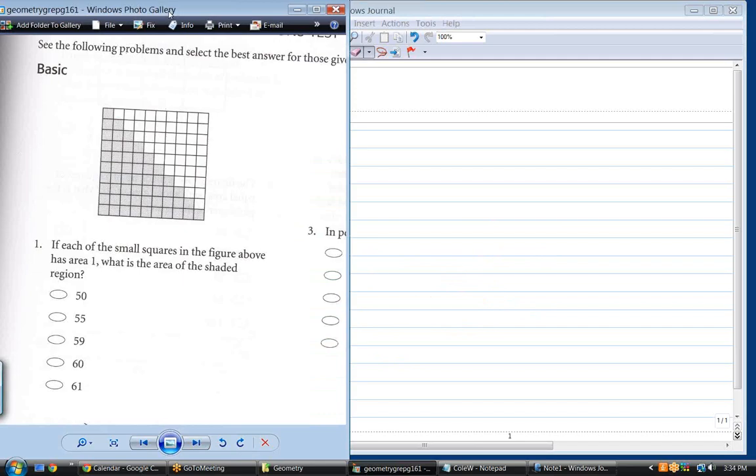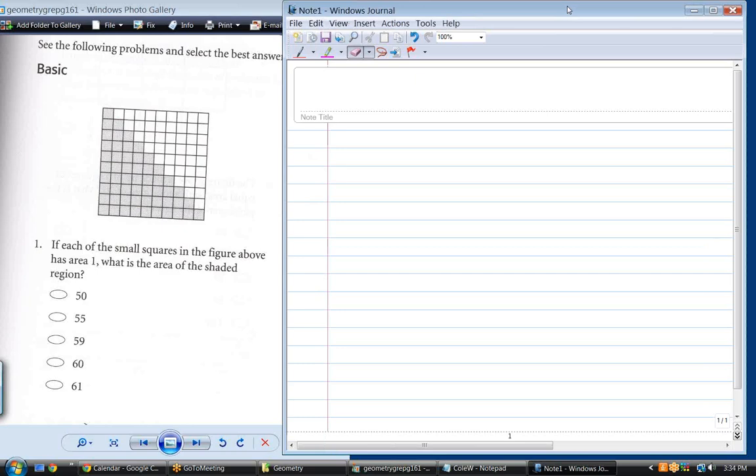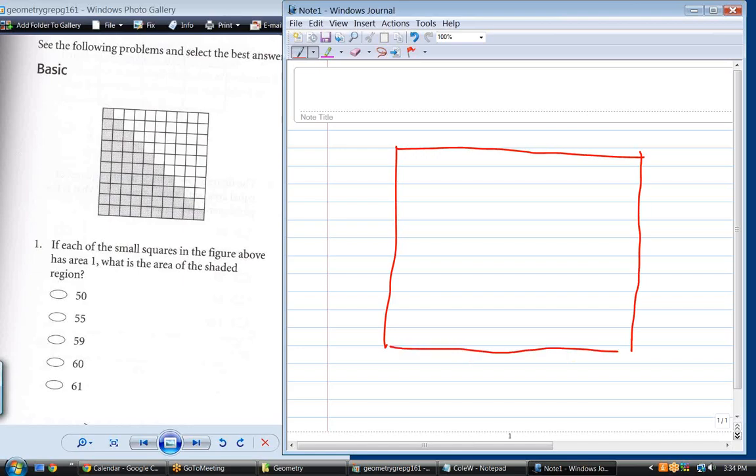Go ahead and try number one. There's a couple of ways to do this. Most straightforward way would be to just count up the number of squares that are gray.